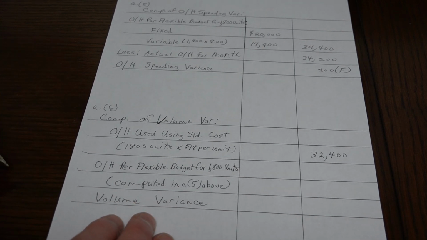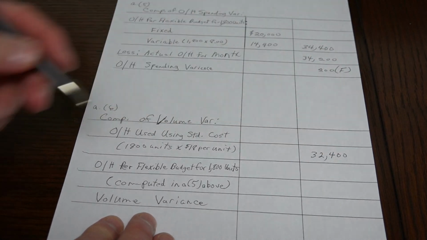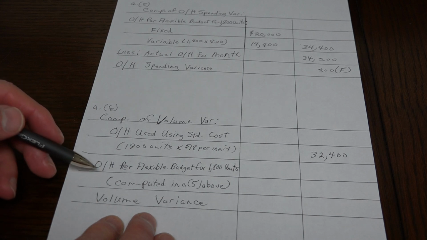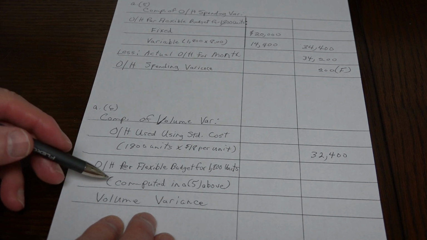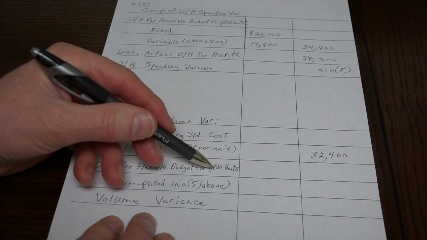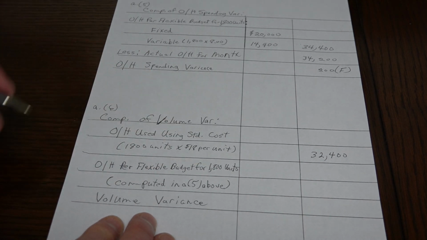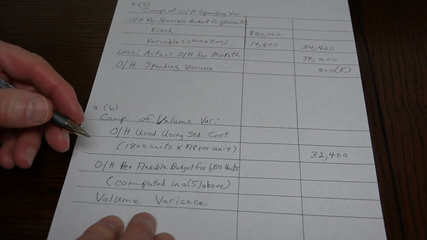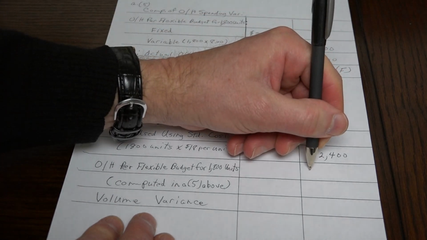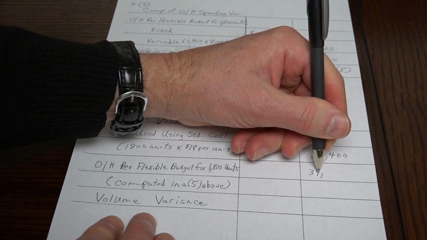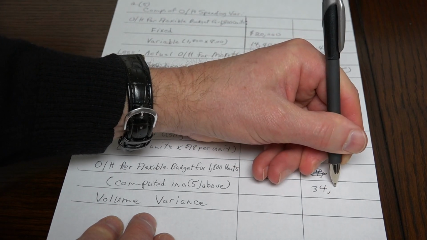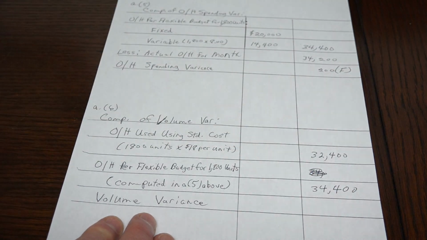Okay, so you compare what it should have cost in overhead to produce these 1,800 units. Compare it with the actual overhead that you spent for the 1,800 units. Well, that number is right here. That's 34,400.